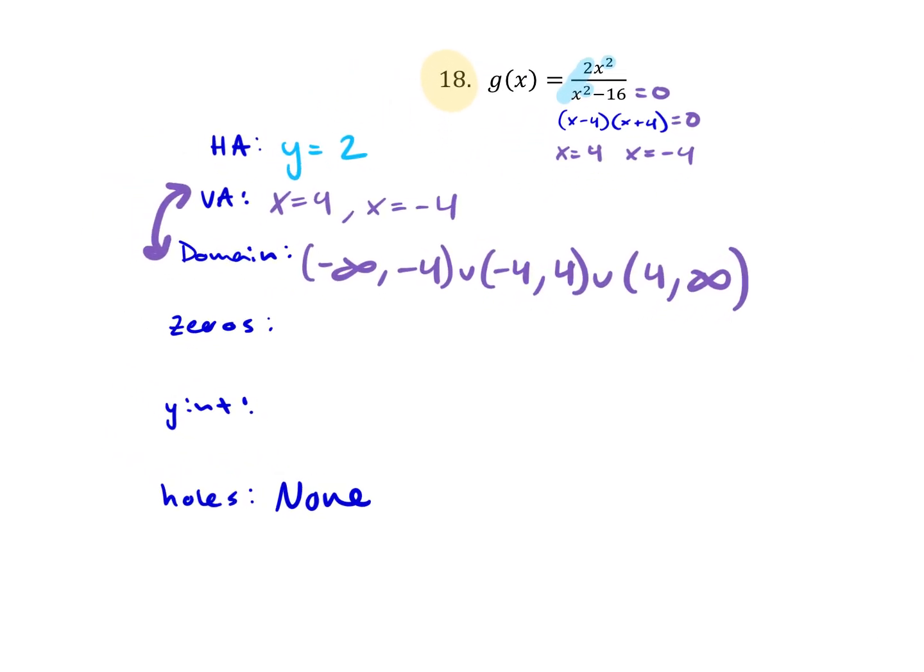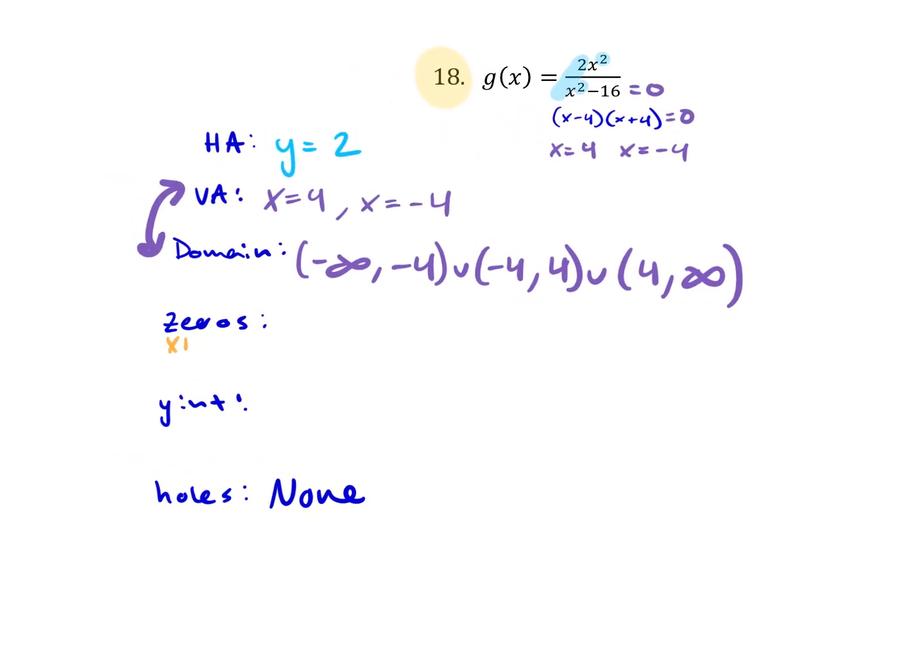Next, it asks for the zeros. Remember, zeros are the same thing as the x-intercepts. How would we find the x-intercepts, or the zeros? What do we do? Set the numerator equal to 0. So I've got 2x squared equals 0. So what does x equal? We divide by 2. 0 divided by 2 is 0.